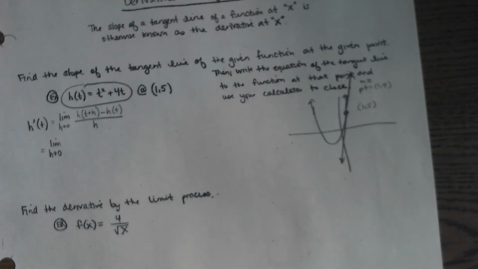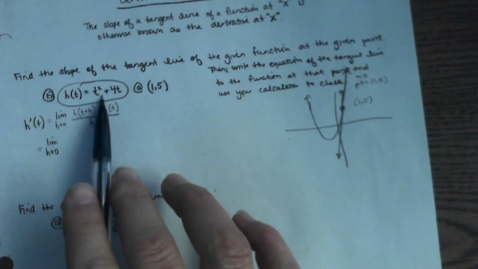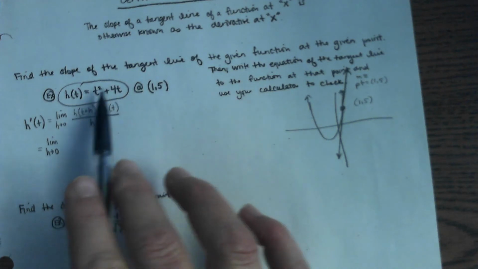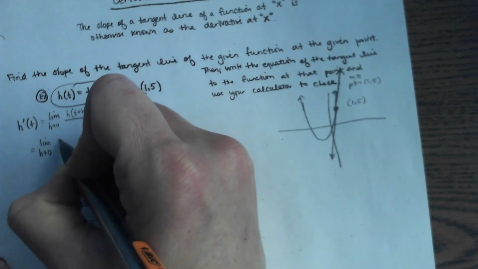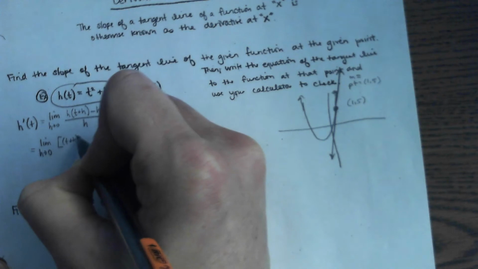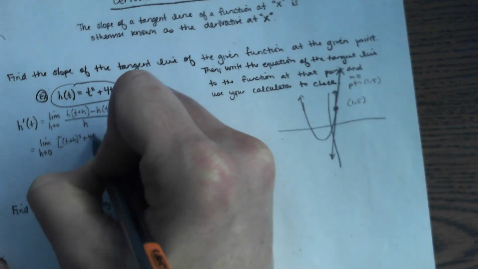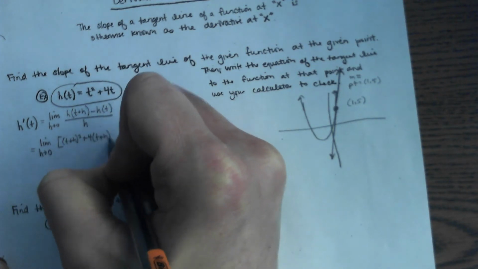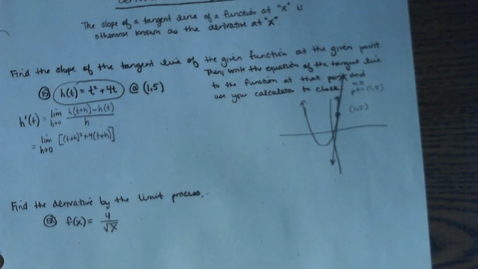So the h of t plus h just comes from us plugging in a t plus h for the function. And I like to put that in brackets, that'll be (t plus h) squared plus 4 times (t plus h). That's my h of t plus h.